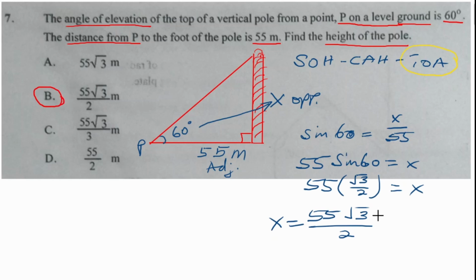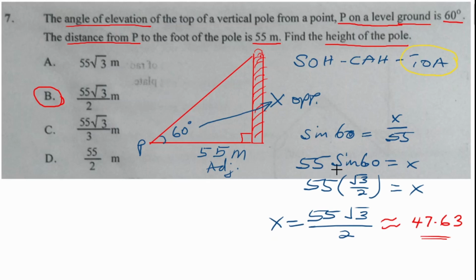Or for those of us using a calculator, that's going to be approximately 47.63. So this is what you are going to do if you are not able to break the trig ratio down to get the surd.